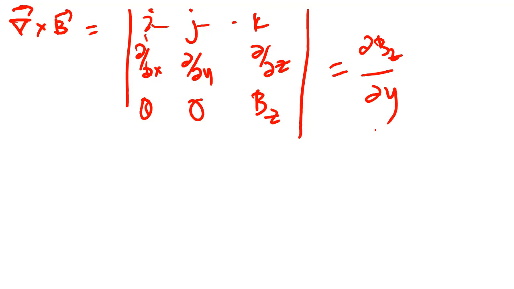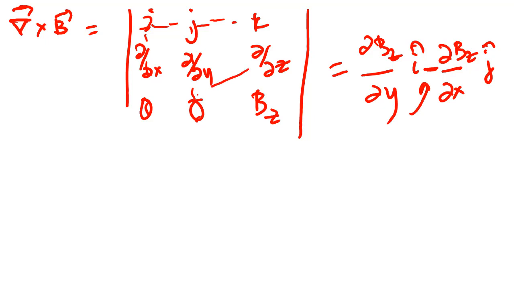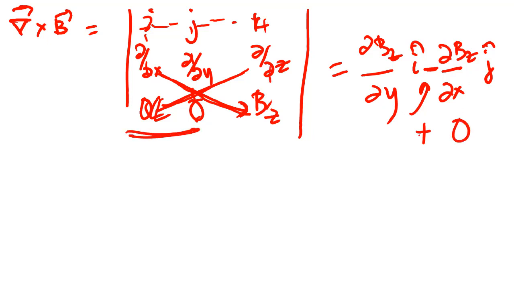The y component would be dou by dou x of Bz. There is a negative sign here because the first term should be dou by dou z of 0, minus dou Bz by dou x. So this first term is 0, minus this gives you a net negative sign. And then the last term is basically 0 because you have two zeros here.